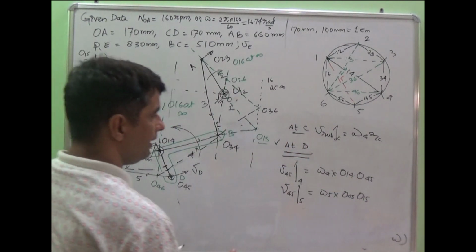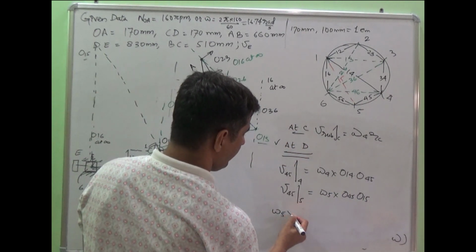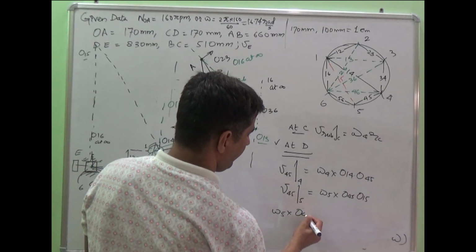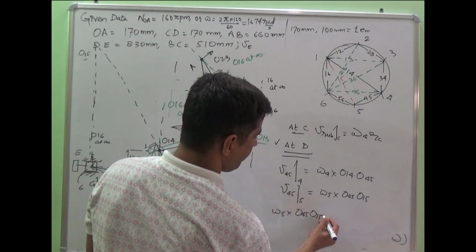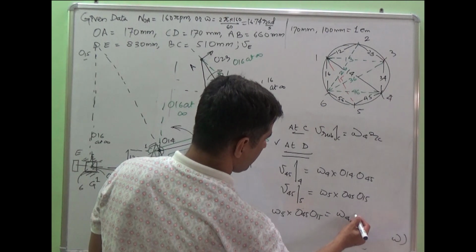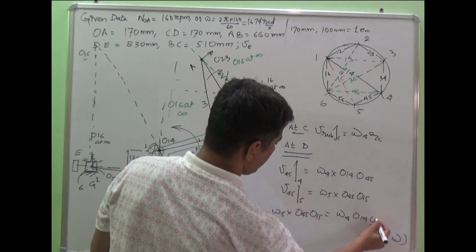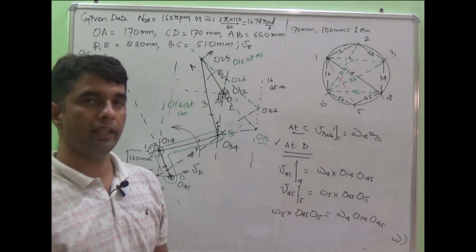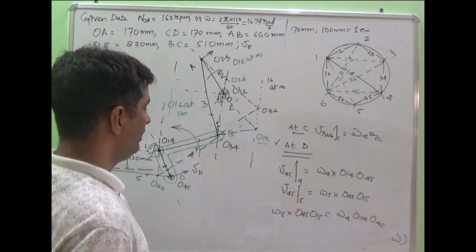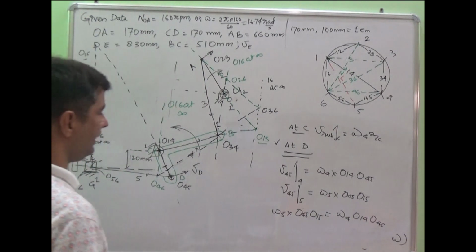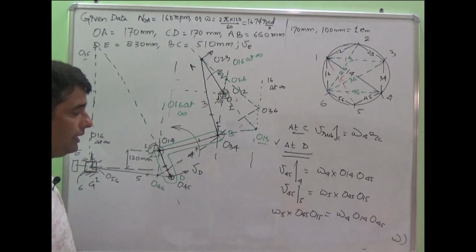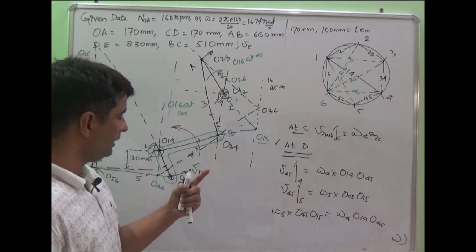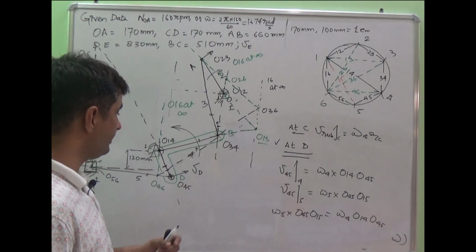So now you can equate these two: omega 5 times O45 O15 equals omega 4 times O14 O45. By doing so, you can estimate omega 5, and then you can get the direction of omega 5 as well.